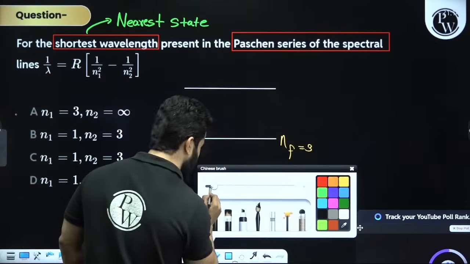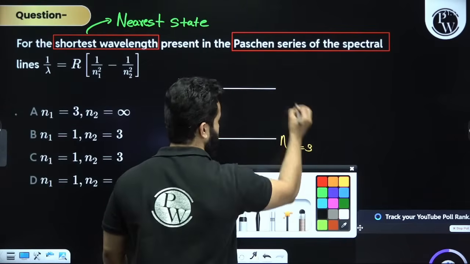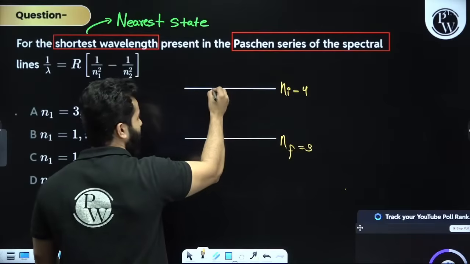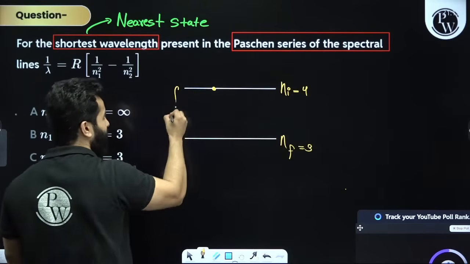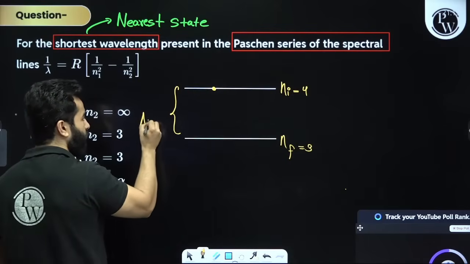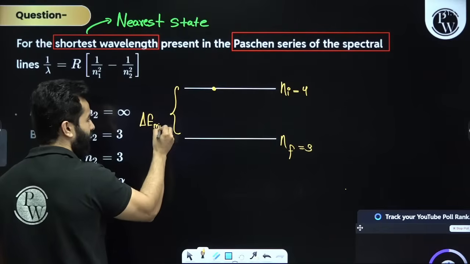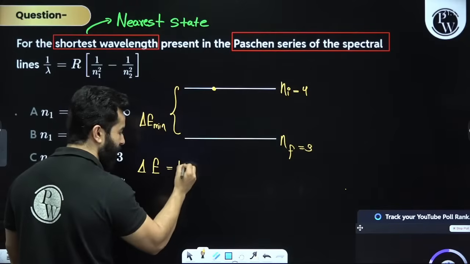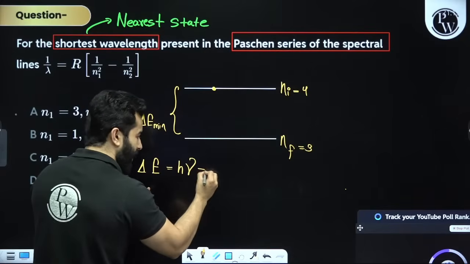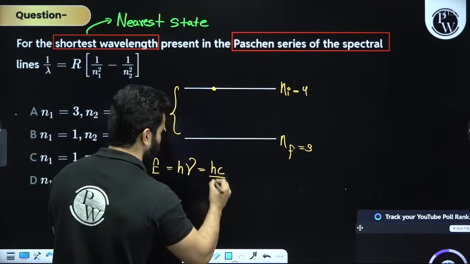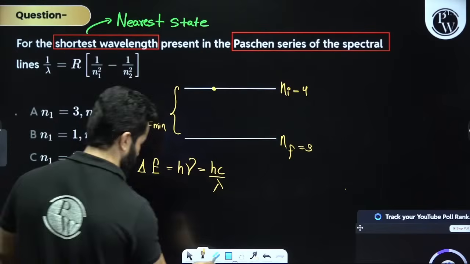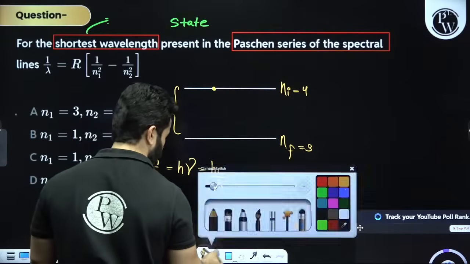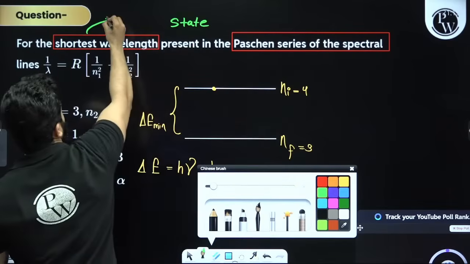If an electron comes from the nearest state, let's suppose n initial is equal to 4, the energy difference is going to be minimum. Energy is written as h nu or hc by lambda. Sorry, they are talking about shortest here, so this will come from the farthest state.